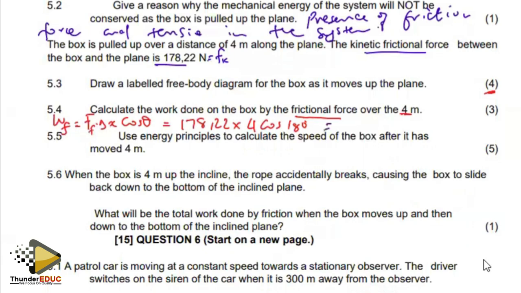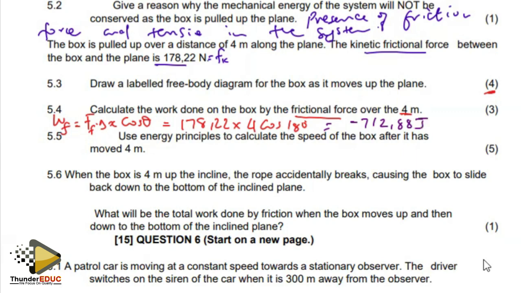So I punch that into my calculator: 178.22 times 4 times the cos of 180. That's going to give us negative 712.88. Remember, this is work done, and work done is measured in joules.